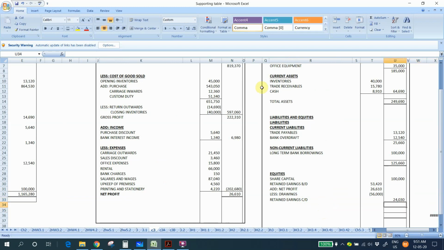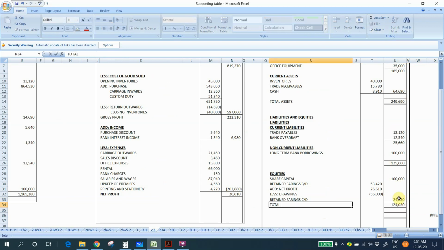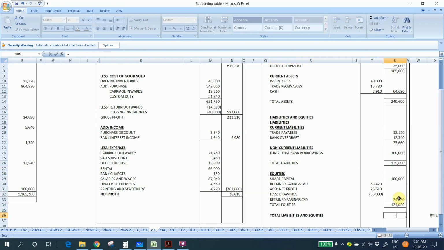So you get your total equity. This is your total equity. So this is your total liabilities. And then we add the total liabilities and equities. We add these two together.